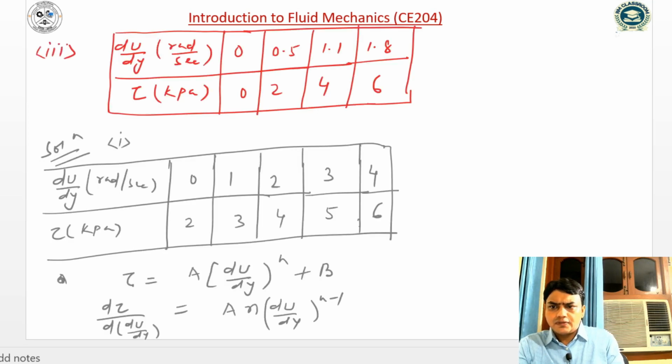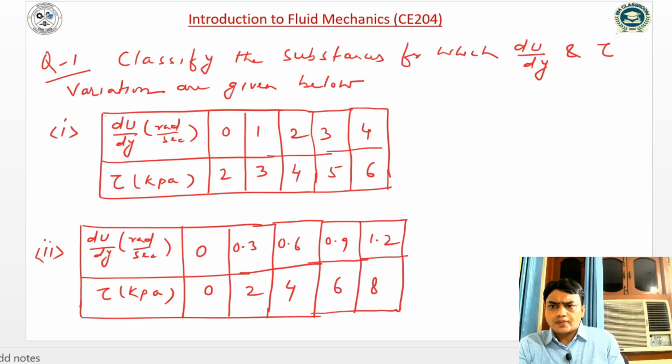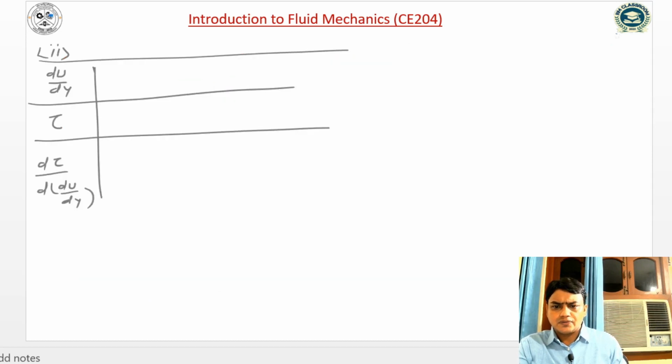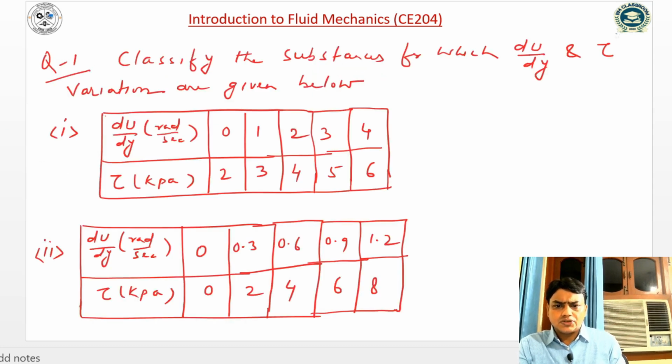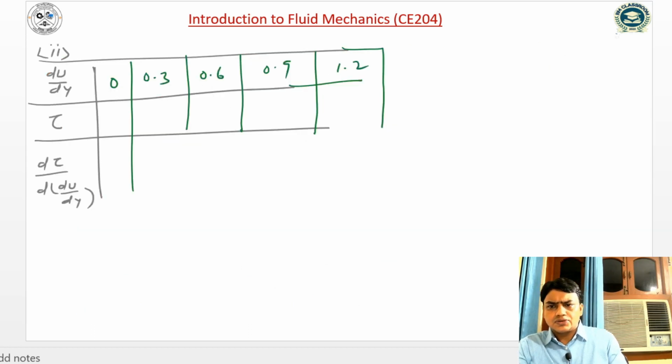If I take the values, du by dy will be 0, 0.3, 0.6, 0.9 and 1.2, and the shear stress is 0, 2, 4, 6, 8.